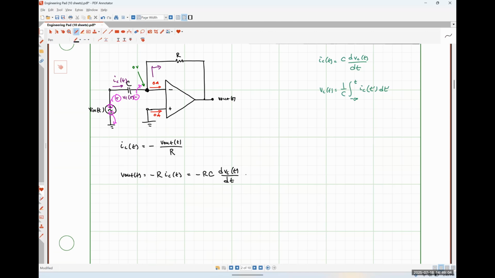So that allows me to write that the output voltage is going to be negative RC times the derivative of Vin with respect to time.